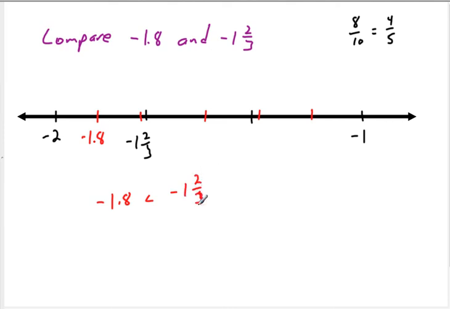Another thing you could do in this case would be to change this to a fraction, which is kind of essentially what we did there. You could also think of this as a decimal, so 2/3, if we wanted to make that a decimal, is a repeating 6. So -2/3 would be -0.6, which is certainly greater than -0.8, right? So another way we can think of it is this.